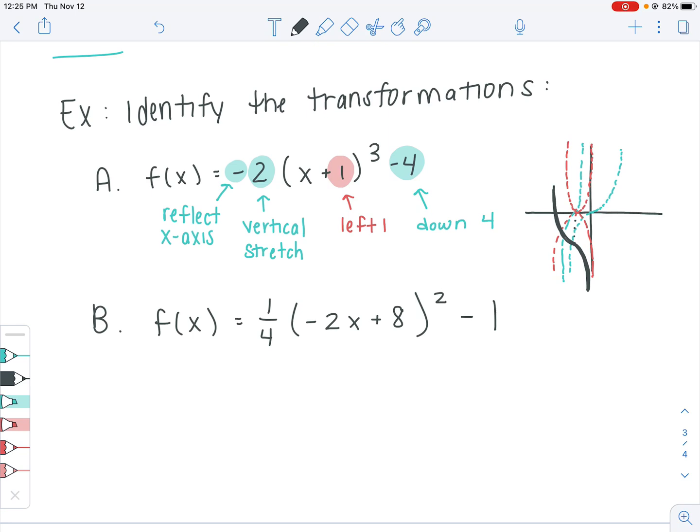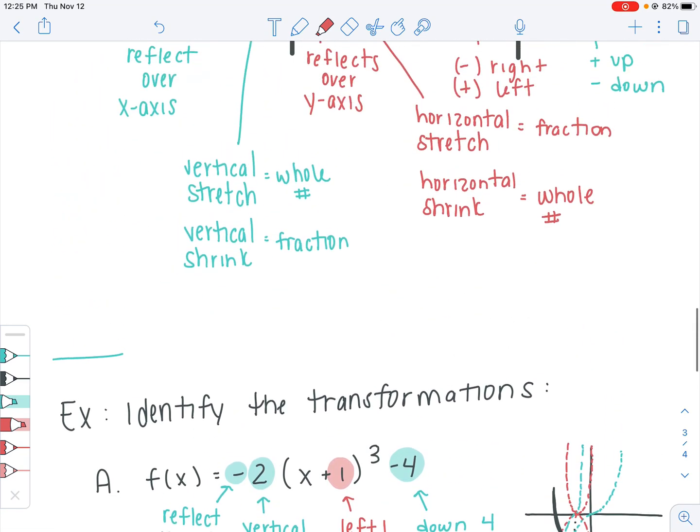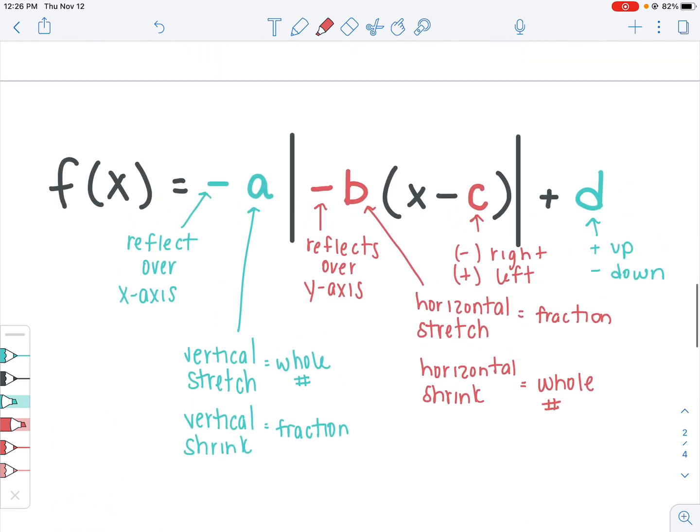If I look at this next one, the trick with this next one you'll notice right away is that this negative 2 is stuck to the x, where in every example we had before there was a parenthesis right around the x. Even when we wrote it up here, the x was totally separate in its parentheses. It can't be touching the reflection or the horizontal stretch and shrink.